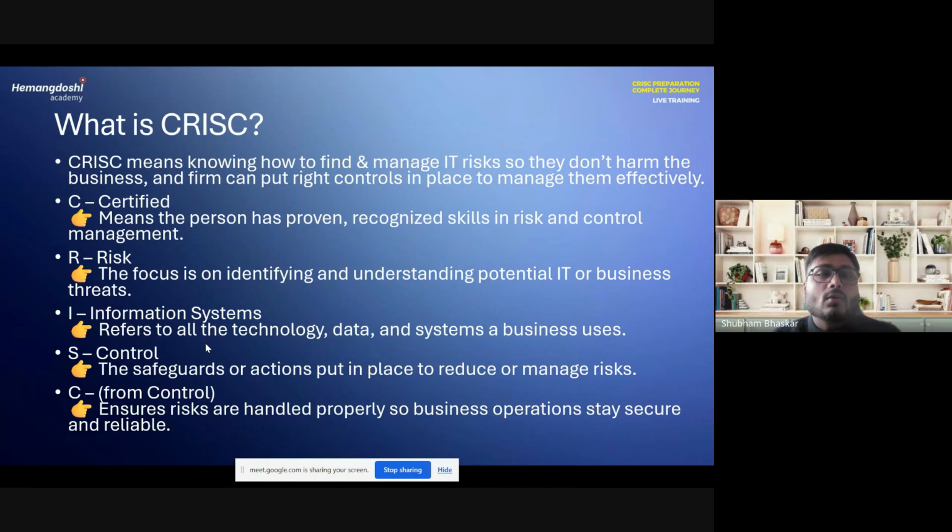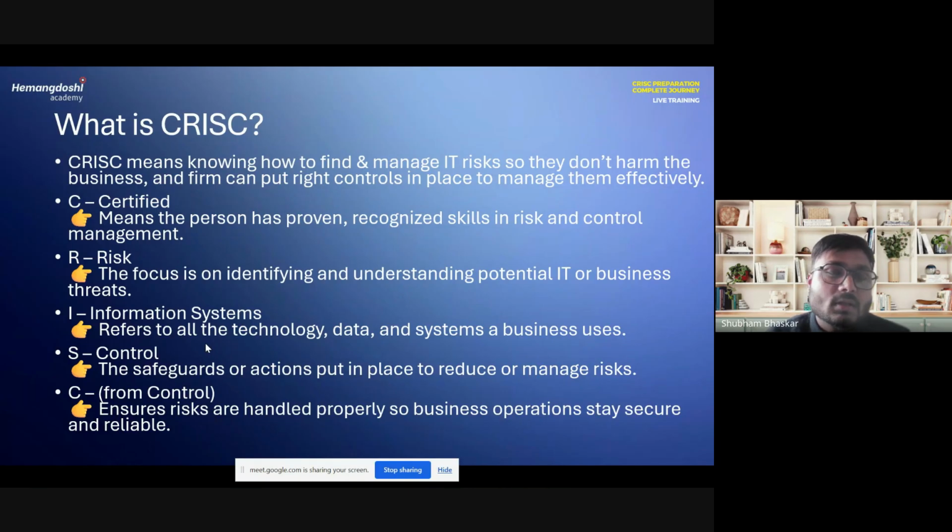So as you understand, you are certified, you have proven your skills in identifying and understanding how to manage the risk within information systems. And now that you understand the risk within information systems, you can put safeguards and controls in place so that the risks are handled properly and business operations stay secure and reliable. Can I make it more simple? Absolutely.